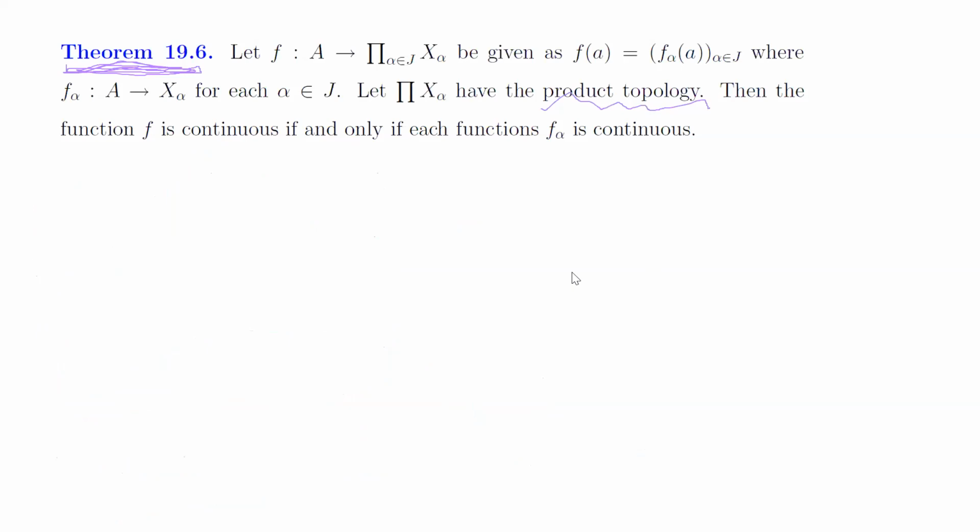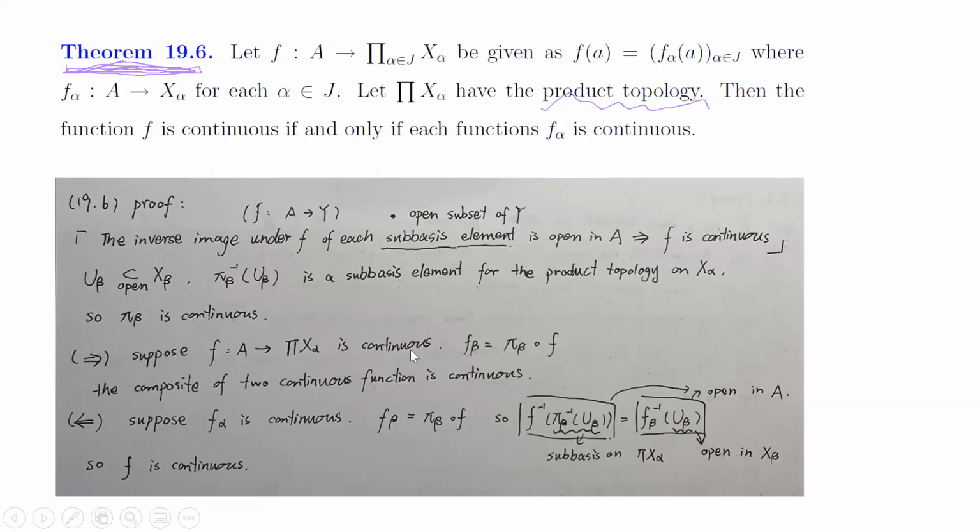I'll just show you how to write it in the proof, in the math language. Okay, so in the first direction, I construct another function pi beta, which is the projection map, and then f beta is the composite of pi beta and f. Since pi beta and f are both continuous, then f beta is continuous.